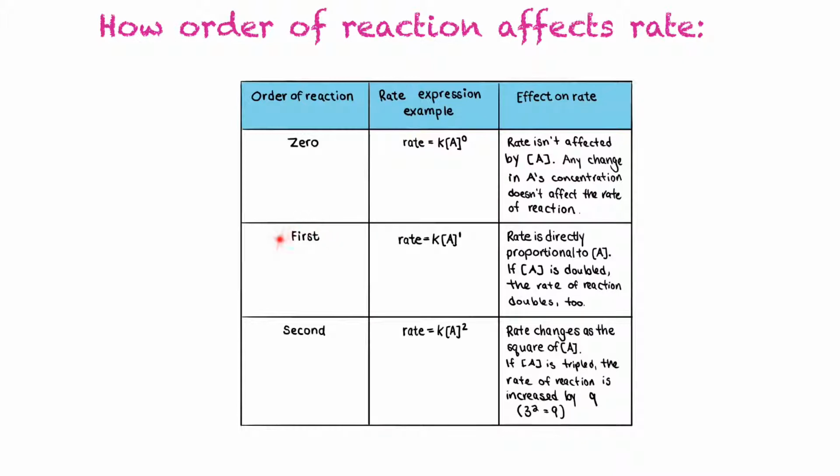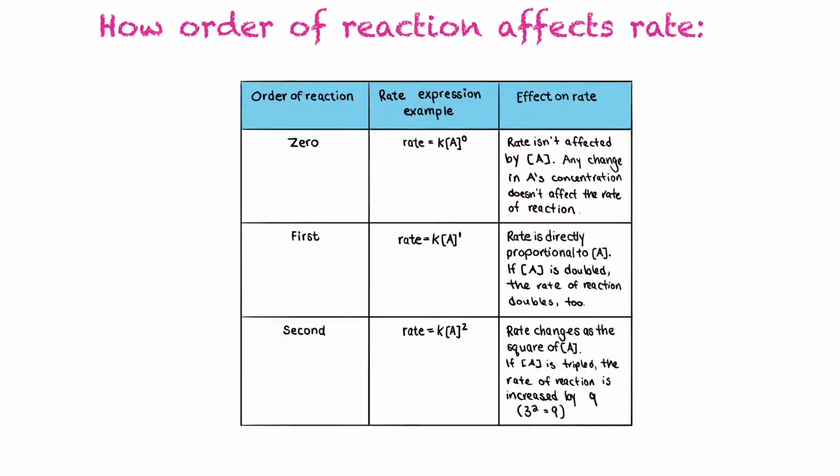If an order of reaction is first order, the rate expression would be rate equals k times the concentration to the power of 1. So this means that rate is directly proportional to A. So if the concentration of A is doubled, the rate of reaction would double too. If we halve the concentration, we would halve the rate of the reaction, and so on.